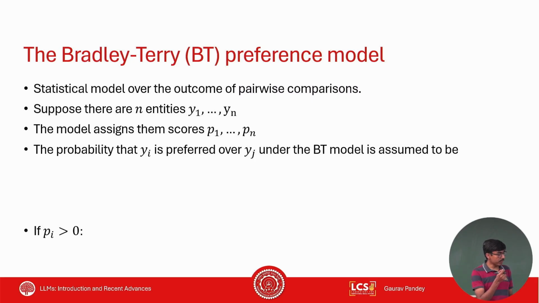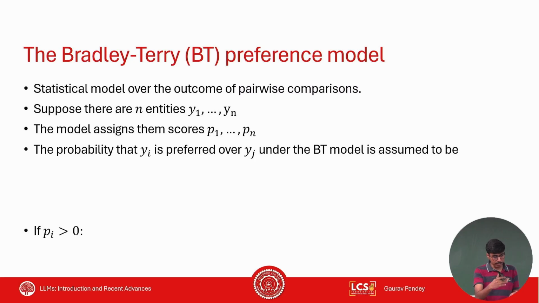and for each of the items you have a score pi. Let's say the item yi has a score of pi. So the Bradley-Terry model is defined as follows.